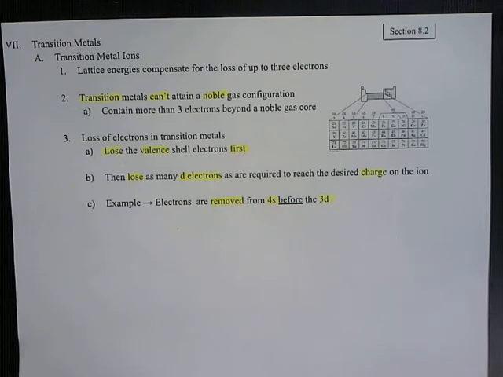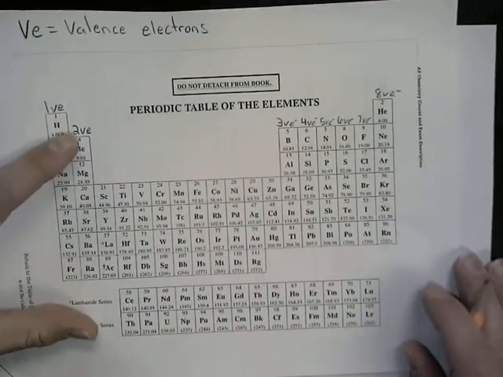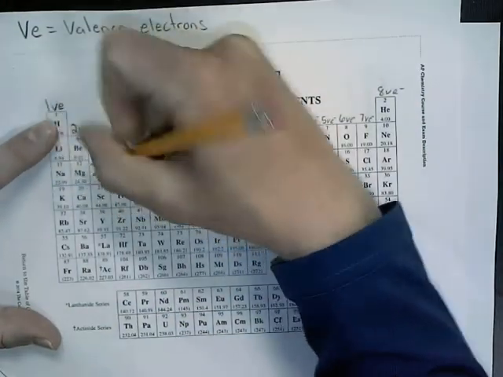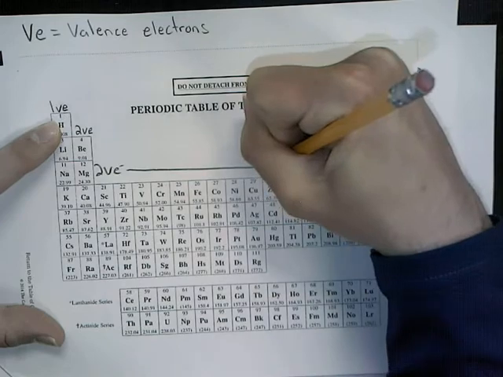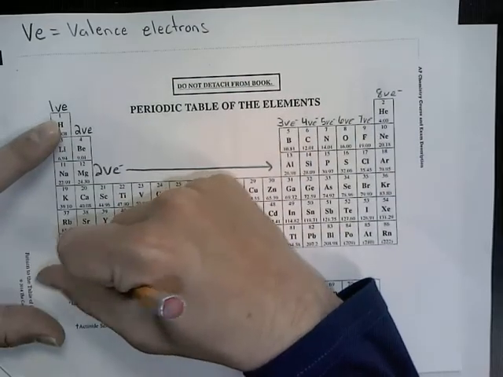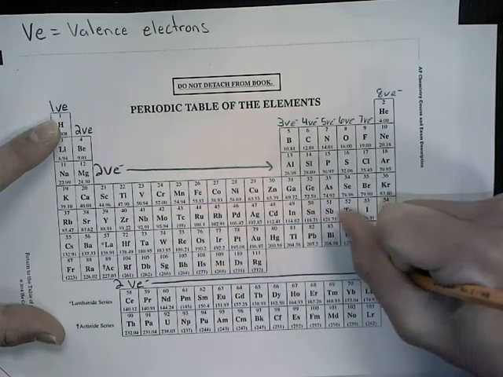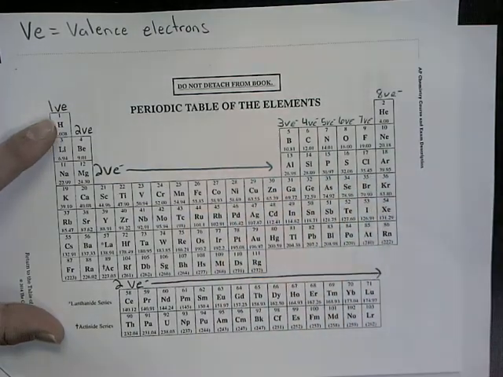So I want to bring back my periodic table as I'm going over this. Our transition and inner transition metals are all going to have 2 valence electrons. But our d subshell wreaks havoc for what we're about ready to do.